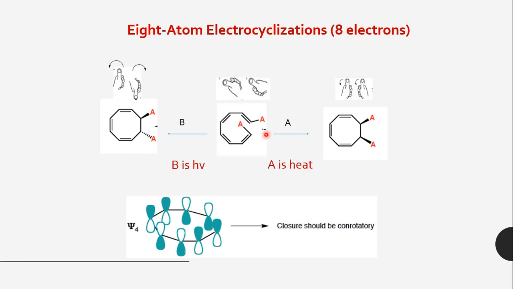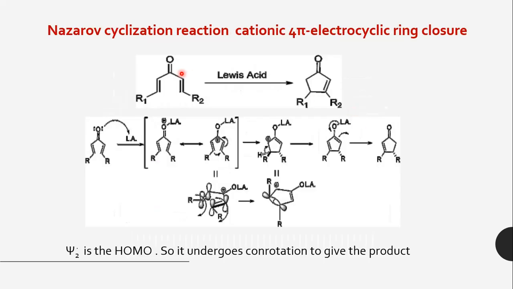So this is how one would analyze, given the reactant and the product, identify what is the reagent, whether it is heat or light, or given the reactant and the reagent, identify what is the stereochemical outcome of the product.